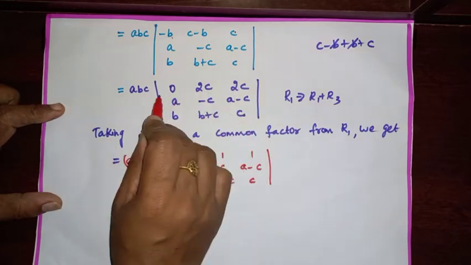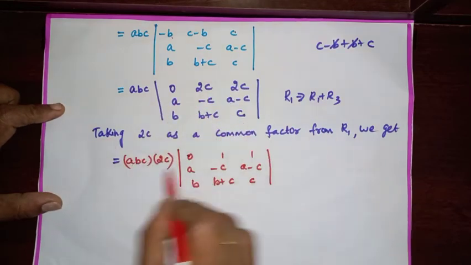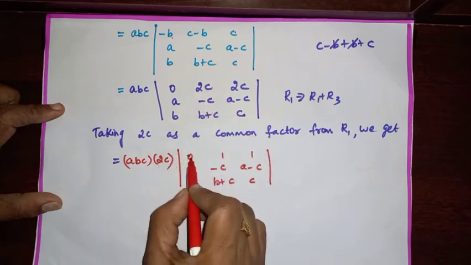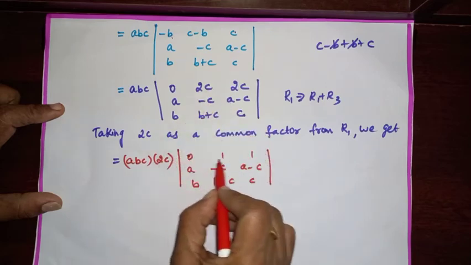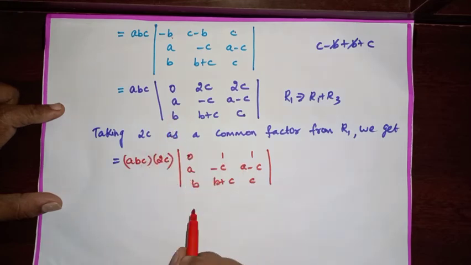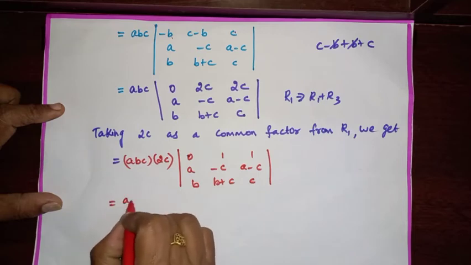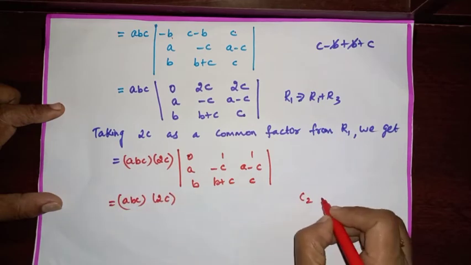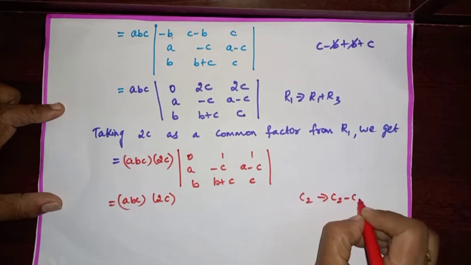Taking 2C as a common factor from R1, we get A, B, C, 2C outside. Since we have taken 2C, row 1 will become 0, 1, 1. Row 2 and row 3 we write as it is. Next, I am going to make changes in column 2: column 2 minus column 3.